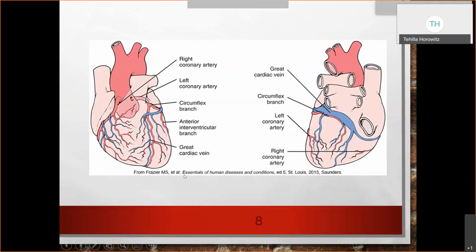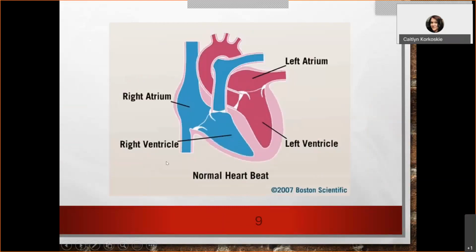So this is just another view of it here too, to show you the different arteries. This is a better way to look at the arteries than that last image. But yeah, so blood comes in to the right atrium, and then it comes through these valves and goes through this valve into the pulmonary artery, and then back into the left atrium, left ventricle, and then pumped out through the aorta.